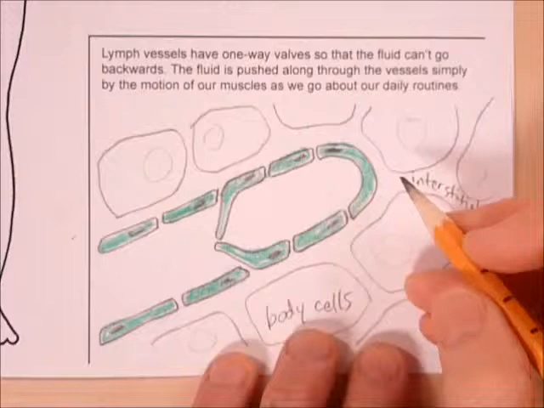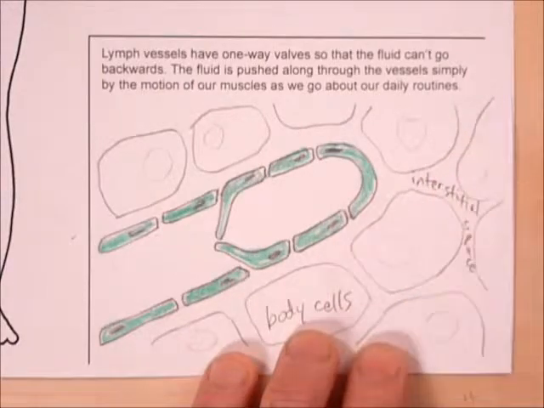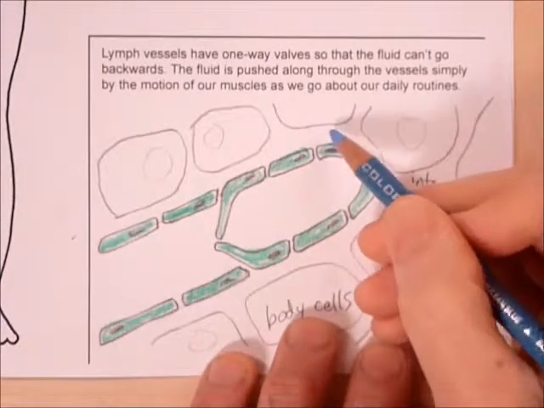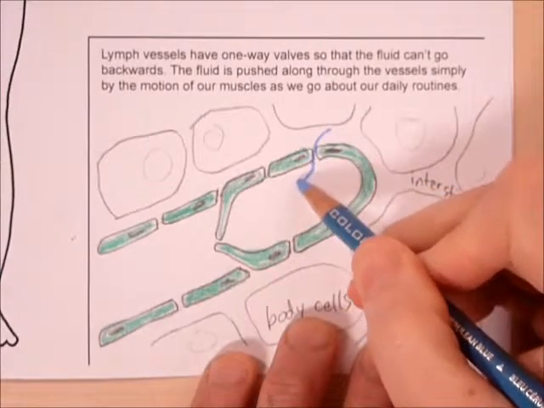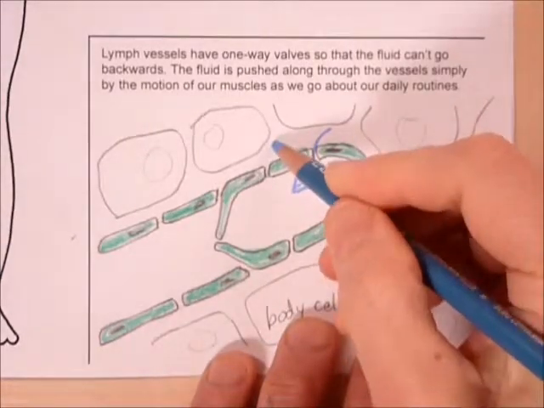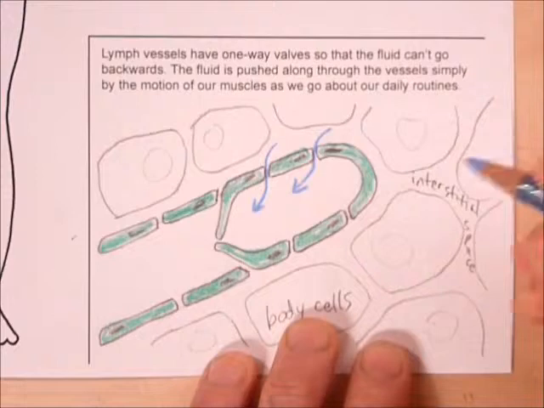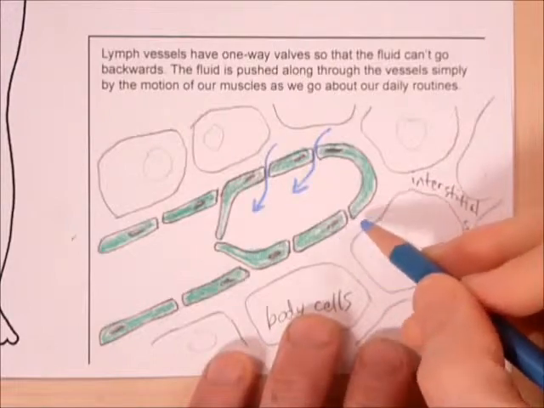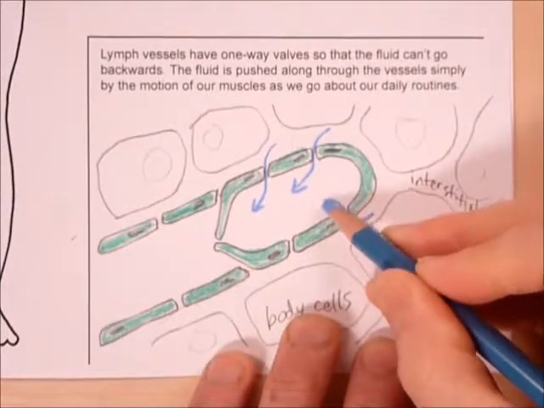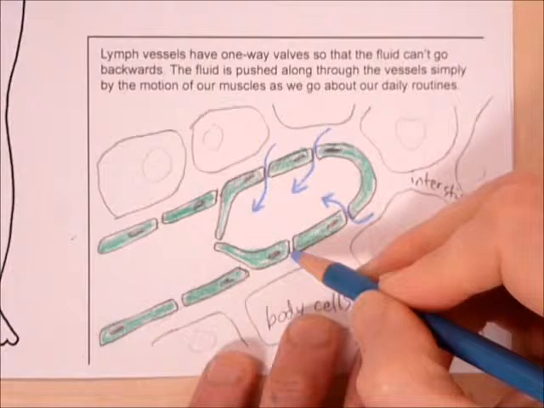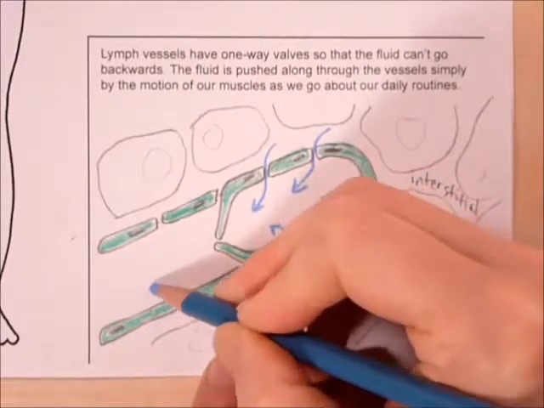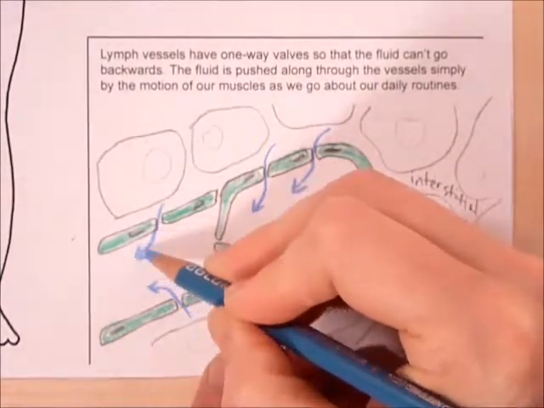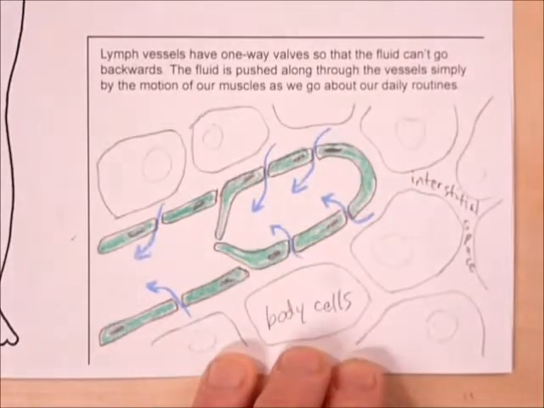Okay, so we can make maybe blue lines going like this, indicating that fluid is coming. About 10% of the fluid that leaks out of the capillaries leaks back in via the lymph system. All right, so you get interstitial fluid leaking in, mostly water.